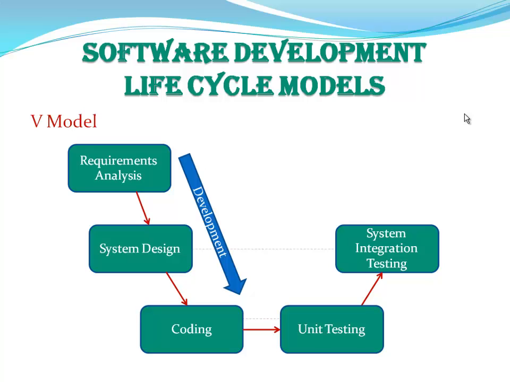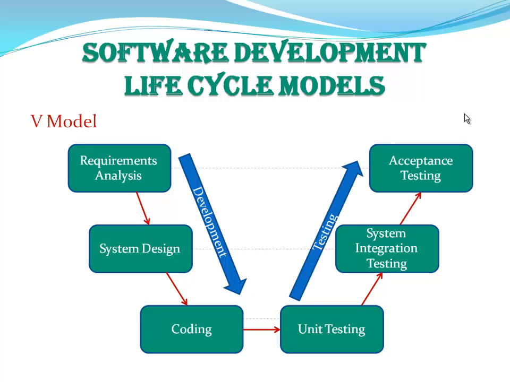The system testing is done by the testers using the system specification. After the system testing has been completed, the acceptance testing is conducted. The acceptance testing is based on the original requirement document that was created in the requirements analysis phase. So this is the overall V model.